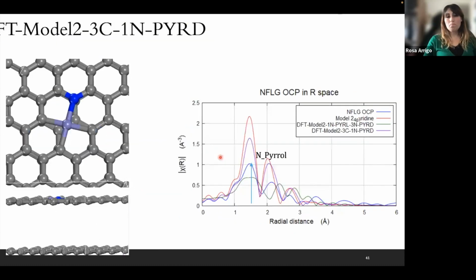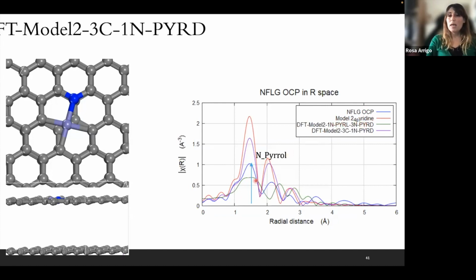This is just to show you that the distances are very well described with this vacancy site, but the intensity is affected by heterogeneity in terms of the bond length. Then we look into whether a model with 4 pyridine compares with one that has pyrrolic, for example.